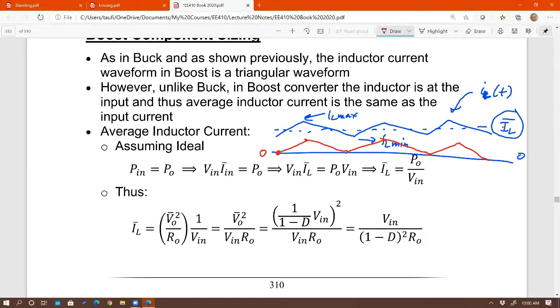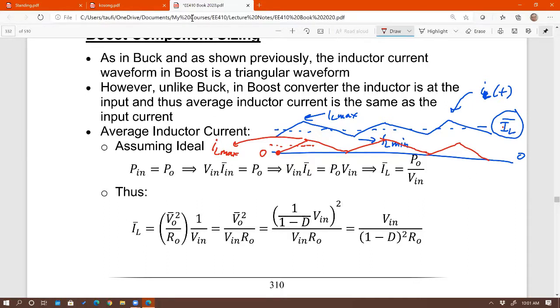If you know delta IL, of course, you will know right away IL max, because IL max is going to be equal to delta IL at boundary conduction mode. Okay, and then we know the average value as well, which is going to be delta IL divided by 2. Any of the things that I just mentioned does not make sense to you? You need to let me know now. Okay, if all of them make sense to you, then let's move on.